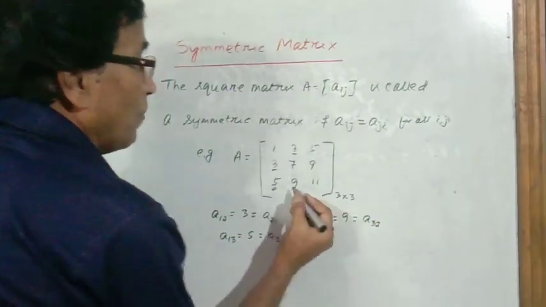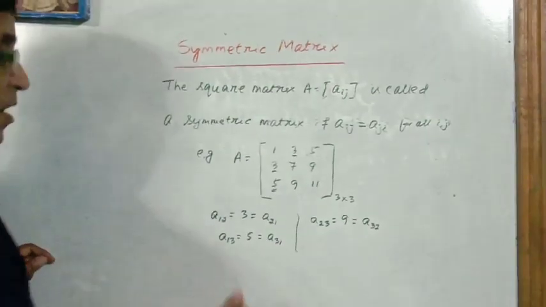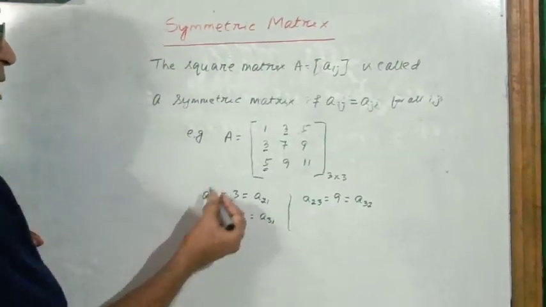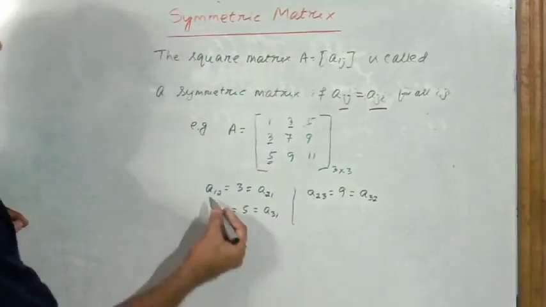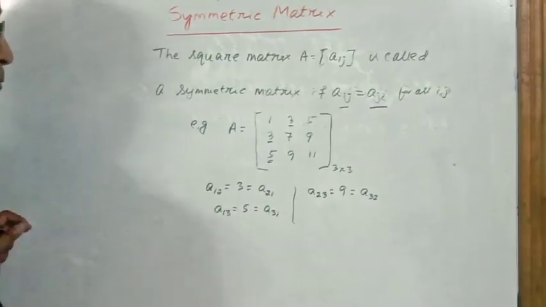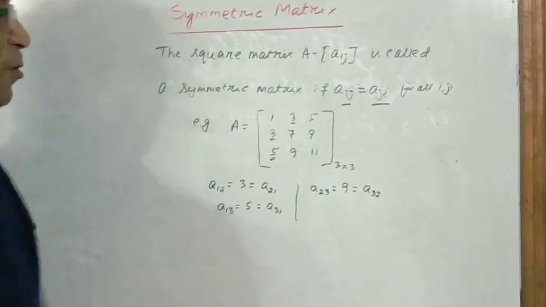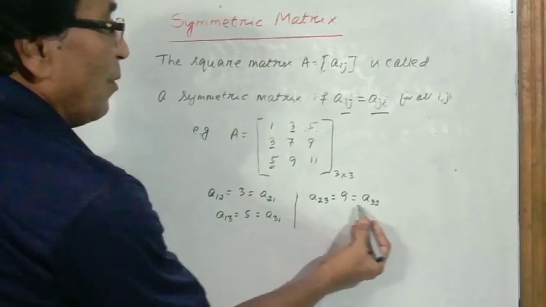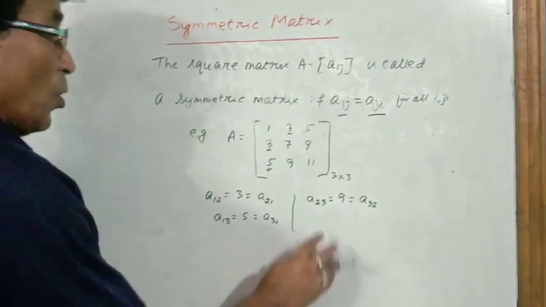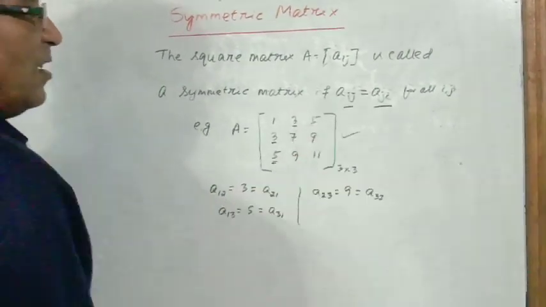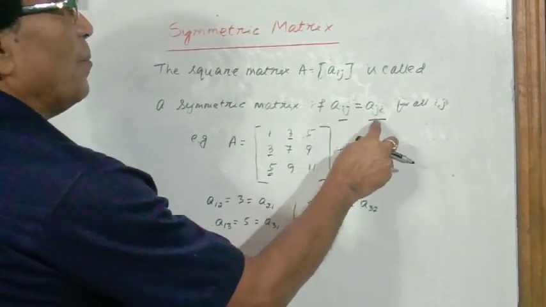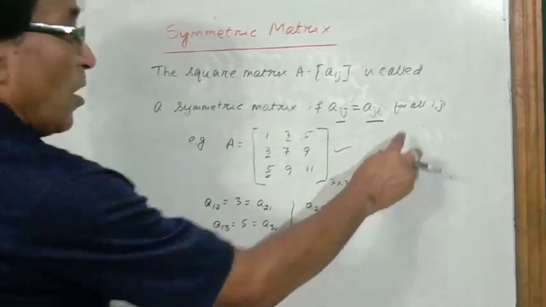It is also 9. So in all these cases Aij is equal to Aji, that means A12 is equal to A21, A13 is equal to A31, A23 is equal to A32. So this matrix satisfies this condition that Aij is equal to Aji for all i, j.